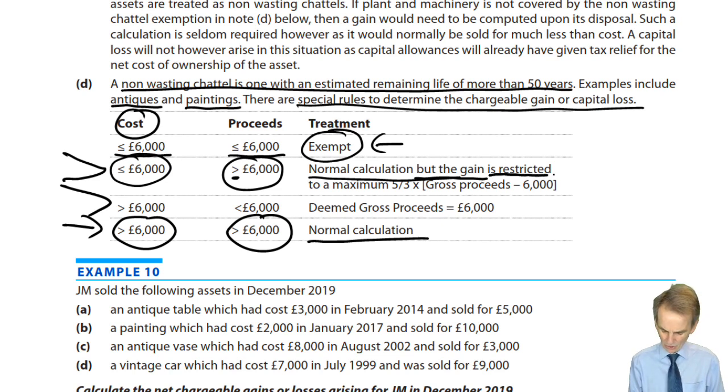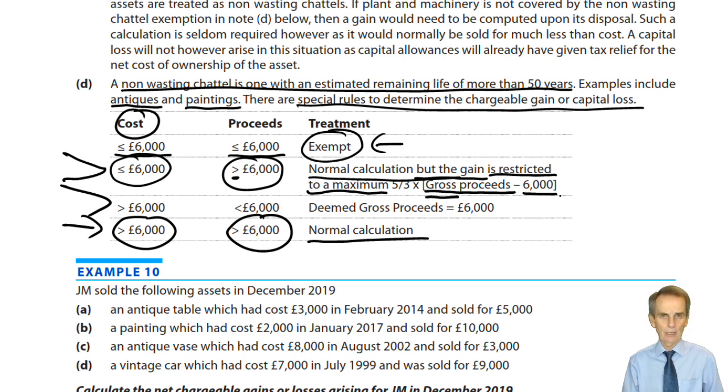The gain is restricted to a maximum of, here's your maximum gain calculation, the numbers you pick up from the question: the gross proceeds, before deduction of selling expenses, minus the £6,000 chattel exemption limit. So you're simply looking at by how much your gross proceeds exceed the £6,000 chattel exemption limit.